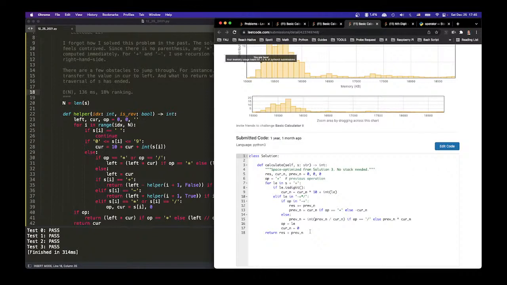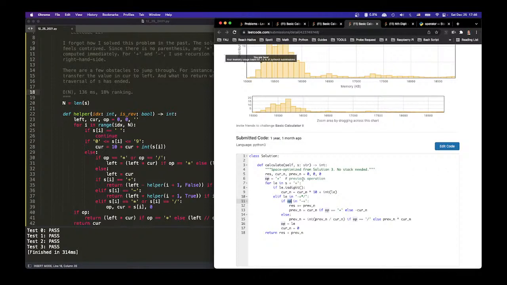And the operator, now this is the previous operator. That's why I said it's a previous operator. So we go through, and the first time is a plus, an operator we start, the previous operator is a plus sign, which is fine. So we get the result. The result is the left-hand side, right?